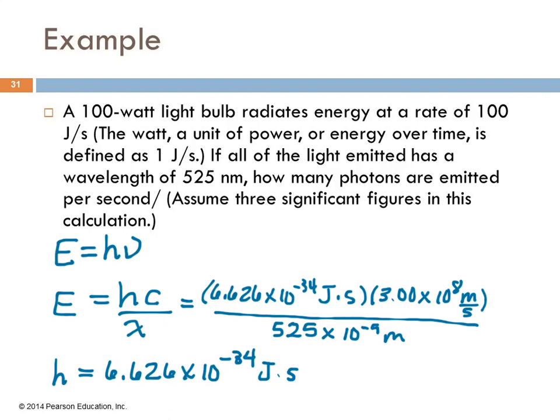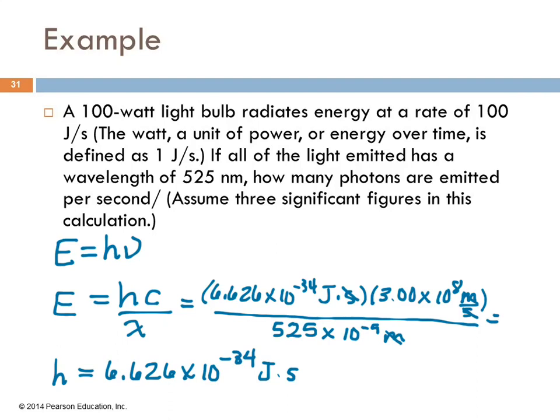Look how the units cancel out. The seconds cancel and the meters cancel, and I'm left with a unit of joules. So 6.626, here's another reason we need scientific notation. The calculator can't handle 10 to the minus 34. That's even a crazier exponent than 23.